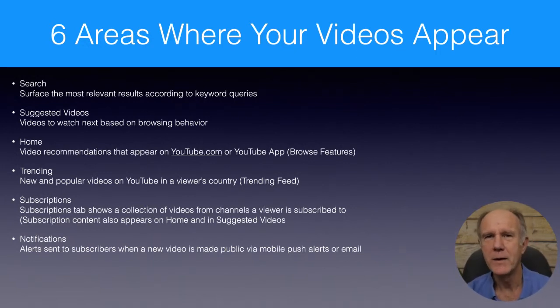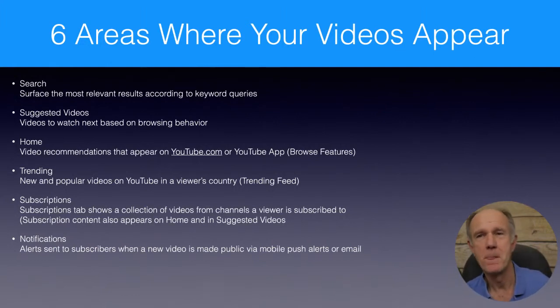So the algorithm is very smart and is getting smarter, and that's why, and we'll talk about this later, when you're thinking of topics to make your videos on, you have to think about all the different ways that people would search.